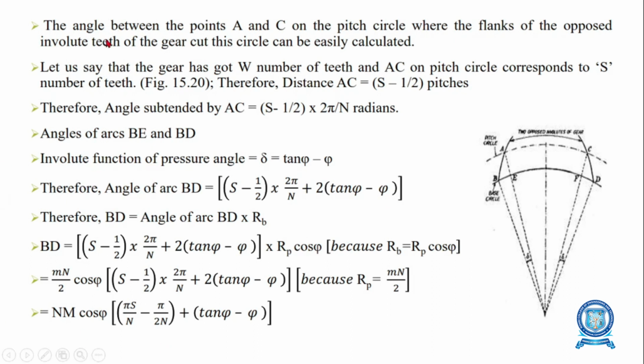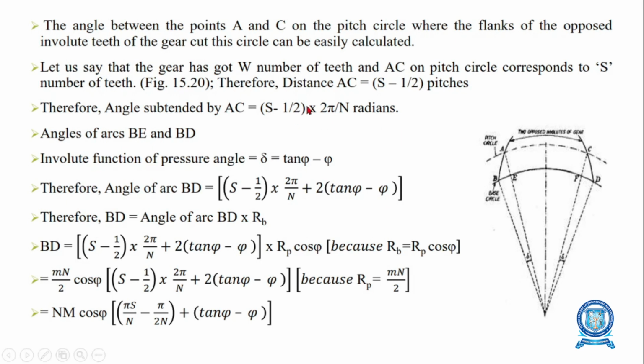Now let us consider that the gear has got W number of teeth, and AC on the pitch circle corresponds to S number of teeth.